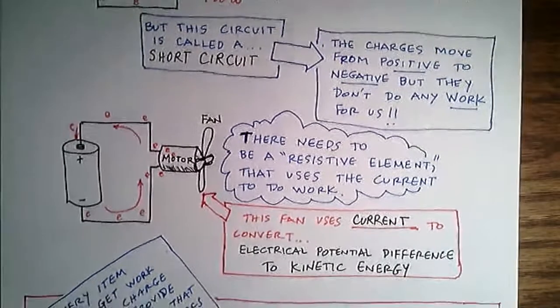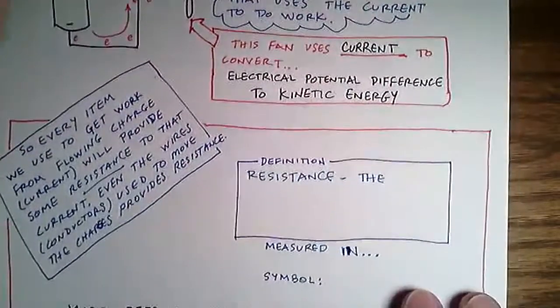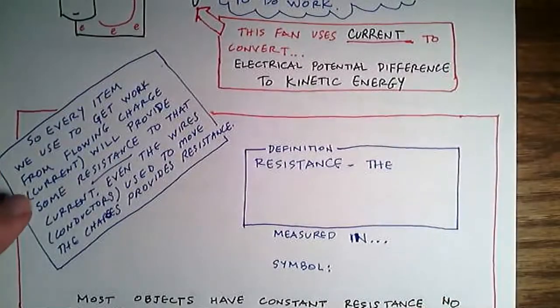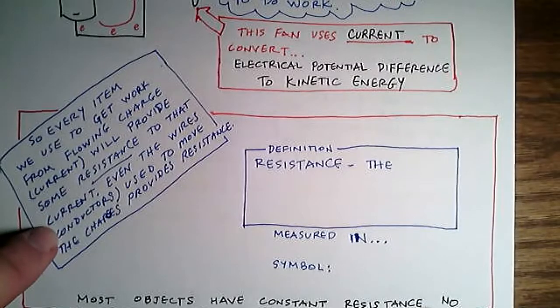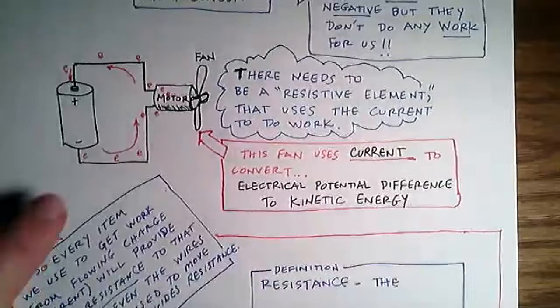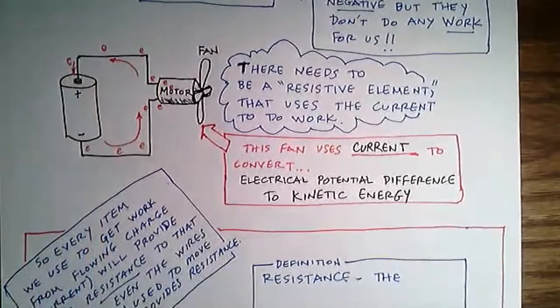Okay? So basically, every item, you guys, that we use to get work from a flowing charge, from current, is going to provide some resistance to that current. It'll slow it down. Even the wires that we use to conduct electricity from one place to another will present some resistance.